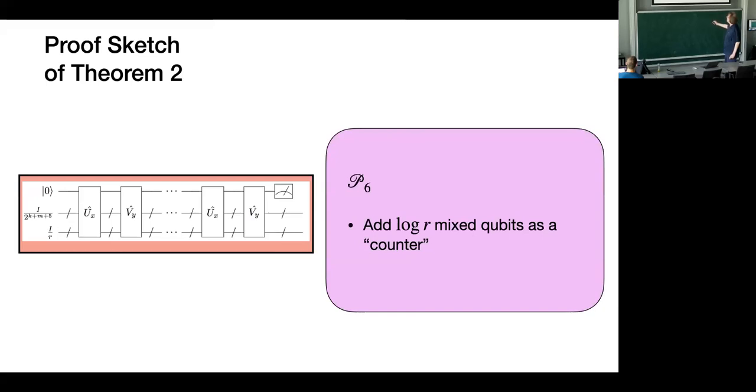And this hides that you're basically controlling, using the 1 over R mixed state, which of the previous unitaries you are applying. So you can think of this as starting with a number k from 1 to R, and then applying the unitaries of the original protocol, k, k plus 1, k plus 2, k plus 3, up to R, then 1, up to k minus 1.